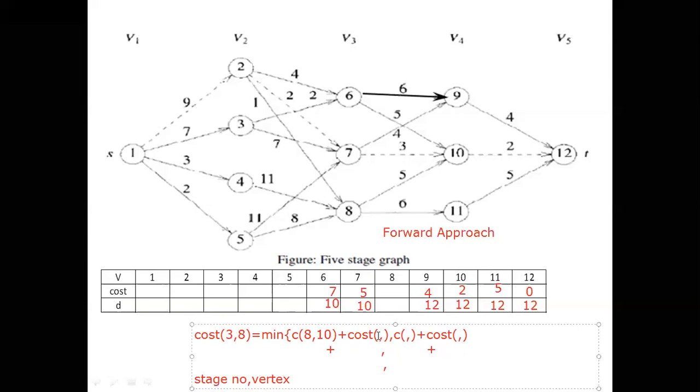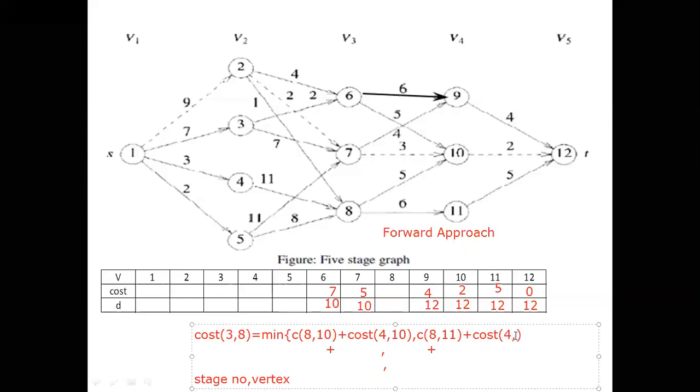We have to write the stage number 4, 10. Clear. Now next one is 8 to 11. How to write? C of 8, 11. What is the cost? We are in the 11. Already we found out for 11. How to write? 4, 11.